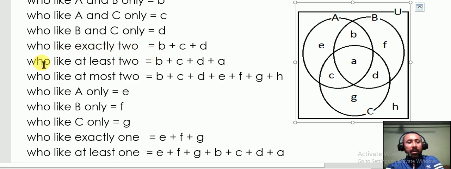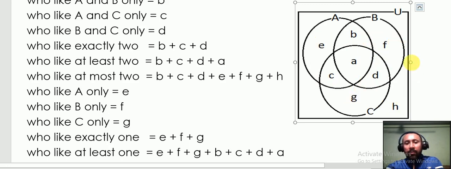Now suppose we are asked to find who like at least 2. Then we will be adding b, c, d and a. The sum of these four values gives the answer for who like at least 2. Now who like at most 2 means a maximum of 2. So here b, c, d, e, f, g and then h.